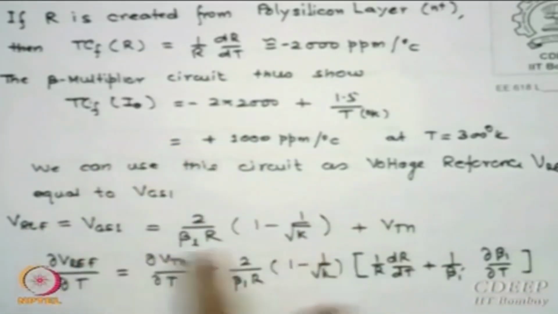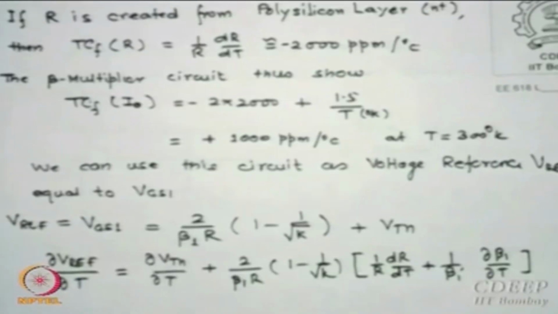But with these two together, you can fix this value to its minimum, preferably 0. Is that correct? If you do that, we say TCF of V reference will be small or 0. So is that point clear why we chose this one? Because we figured out that these terms I can adjust correspondingly such that dV reference by dT could be smaller. This is the feature of beta multiplier circuits in which TCF could be minimized.